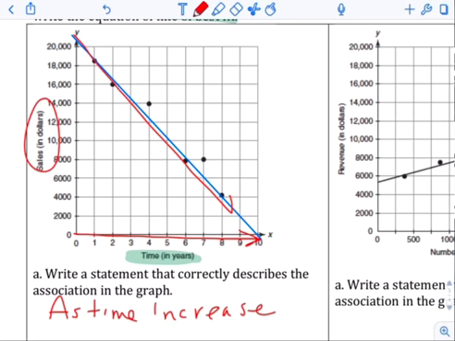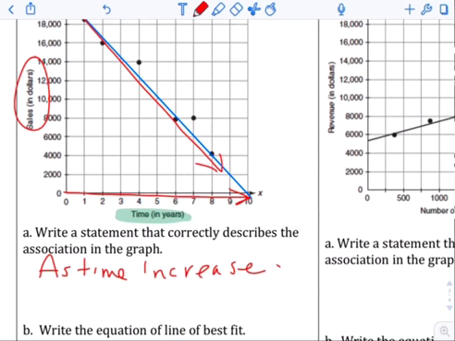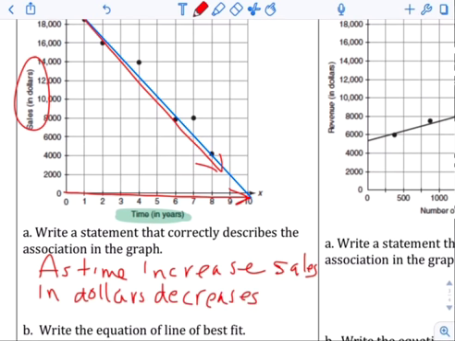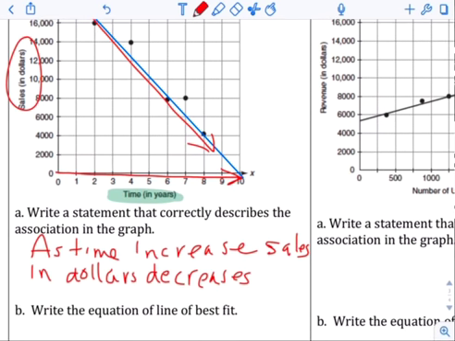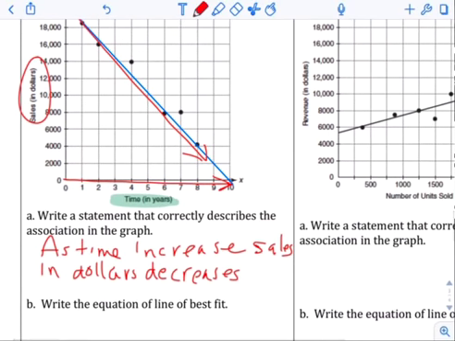Sales in dollars go down. Decreases is the math word for going down.